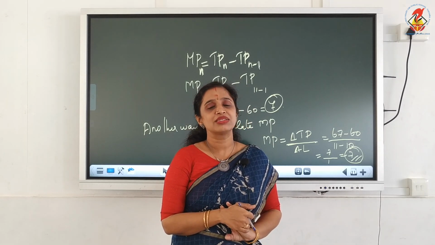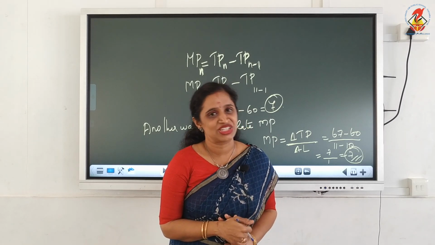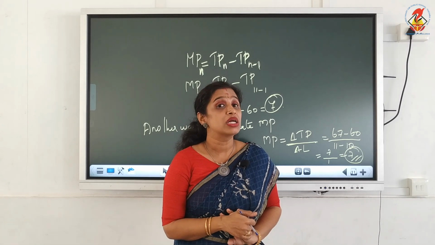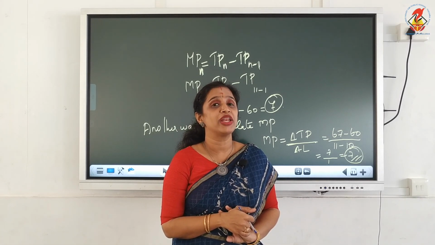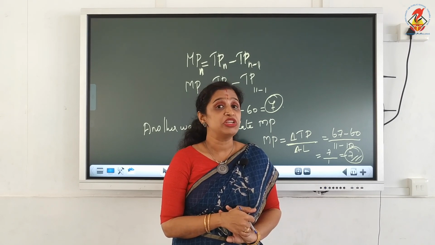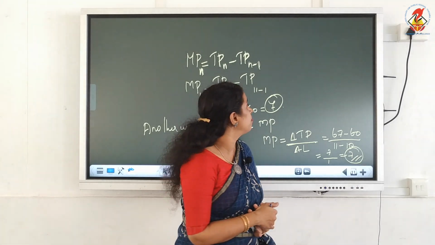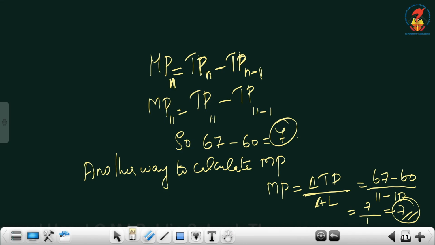The only thing is there we are using utility, but here you are using product. So marginal product: MP of N is equal to TP of N minus TP of N minus 1. So MP of which unit are you going to find out? MP of 11th unit is equal to TP11 minus TP of N minus 1.